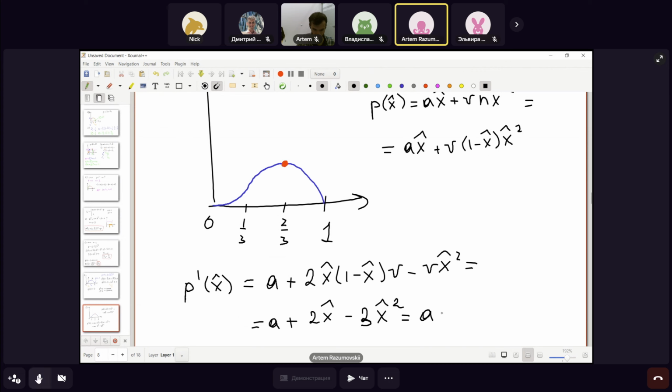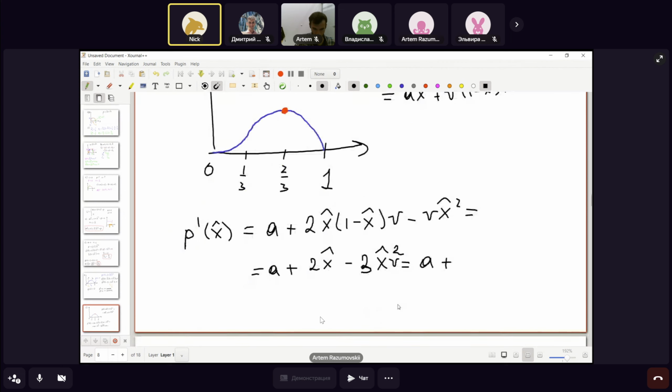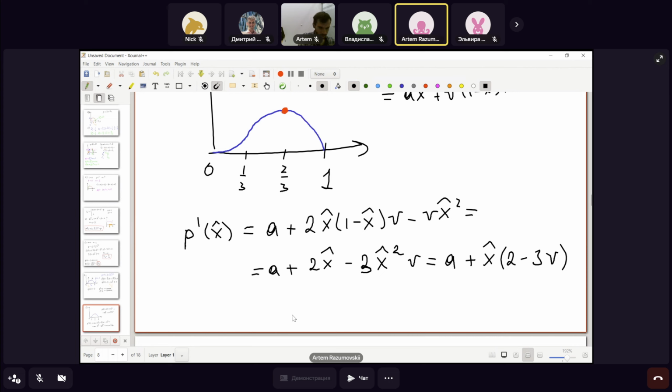Yeah, so it looks a bit like the same. And where are the v's in the first? Well, in the second. Yeah, it's here. I forgot it. Let me draw it like that. So again, we can take 1x out: 1 minus 3v x.